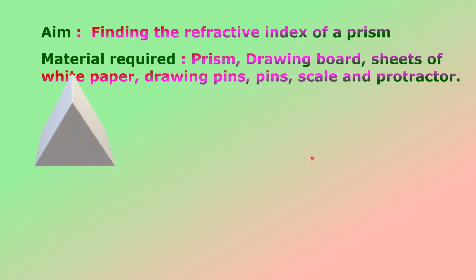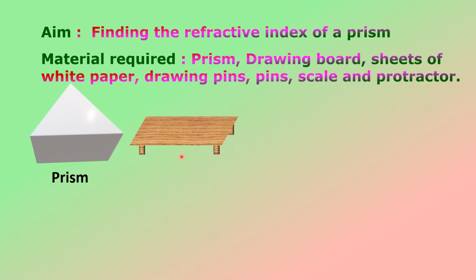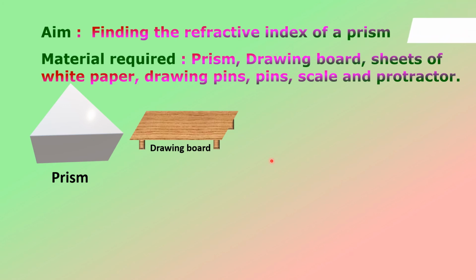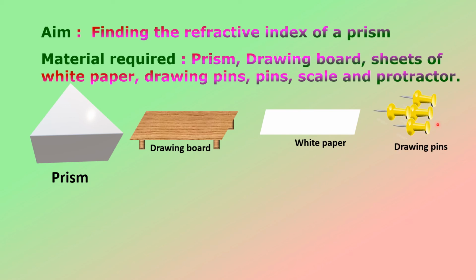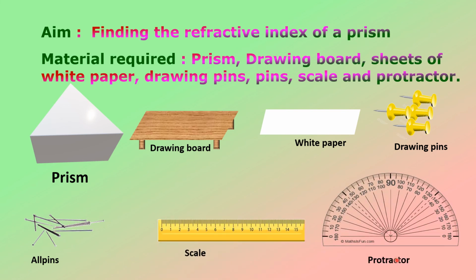This is a prism, and here is the drawing board. Some sheets of white paper I am going to use. Here are the drawing pins to fix the white paper on the drawing board. All pins, scale and protractor. This is the material I am going to use.